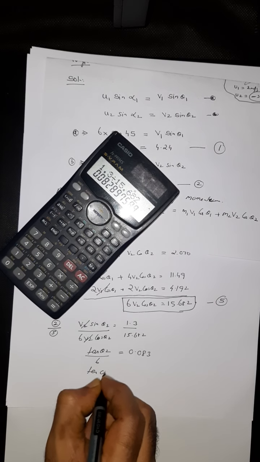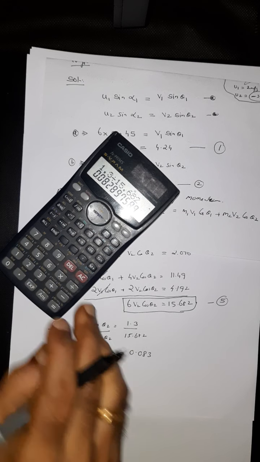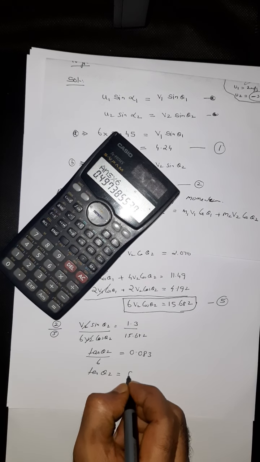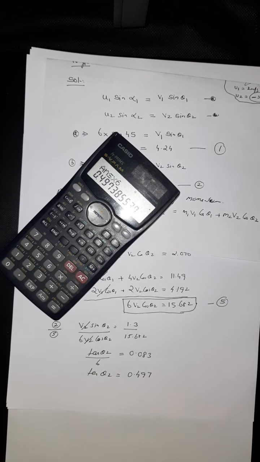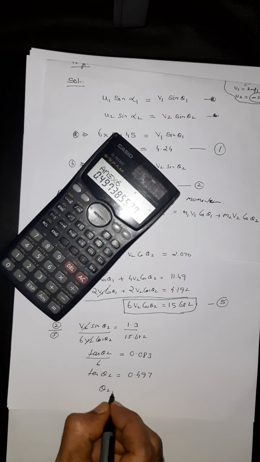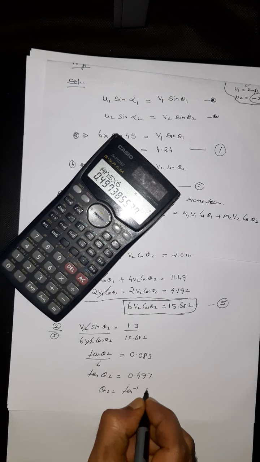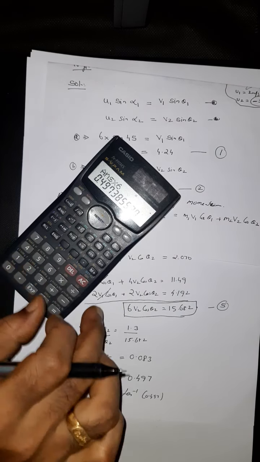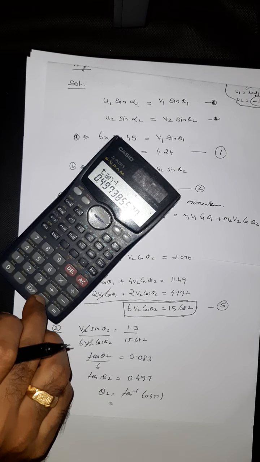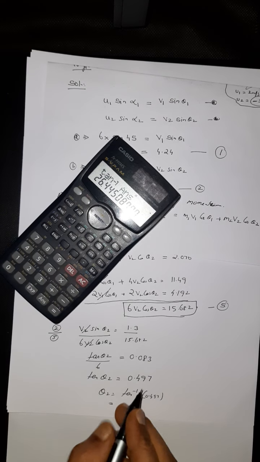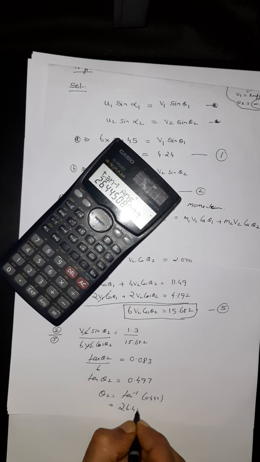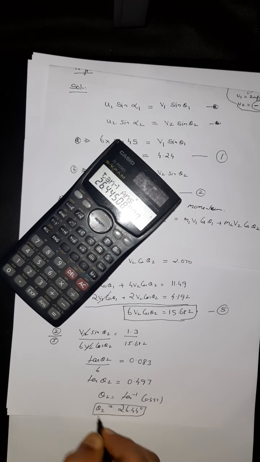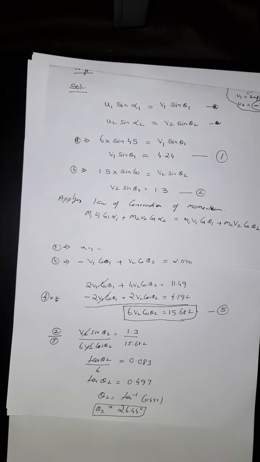So tan theta 2 equals 6 into 0.083, which is 0.497. Theta 2 is tan inverse of 0.497, which gives 26.44 degrees.